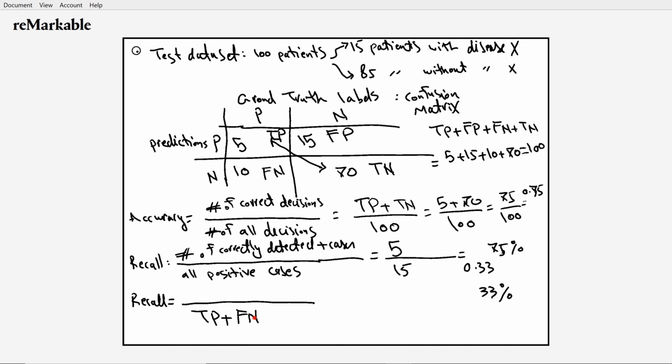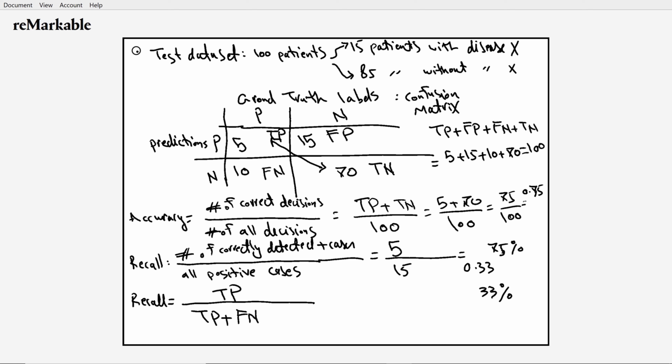So these two quantities, true positives plus false negatives, together should add up to the number of confirmed positive cases in your database. So that's the denominator. The numerator is the number of correctly detected positive cases. And that's going to be a single number, the first cell in your confusion matrix, the TP, true positive. So this is going to be true positives over true positives plus false negatives.